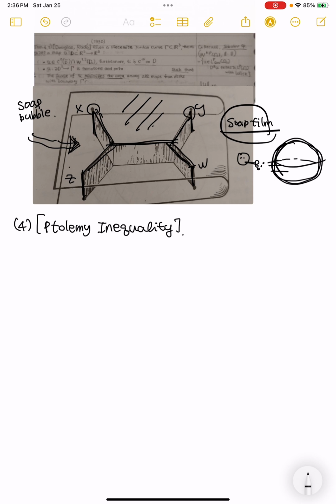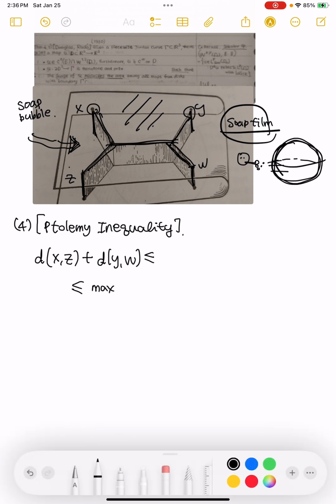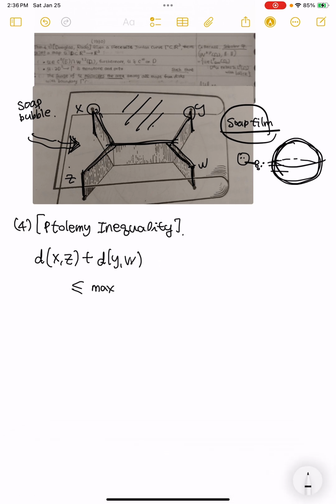The final example is understanding the four-point condition as tropical geometry. As I said, the four-point condition is written like this: maximum of dxy plus dgw, dyg plus dxw.